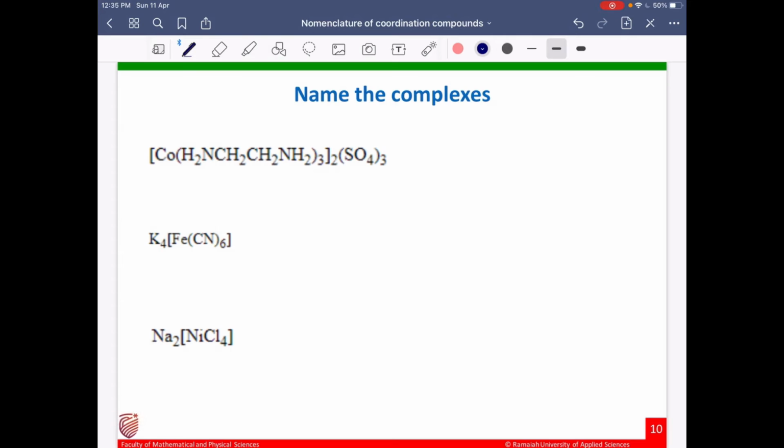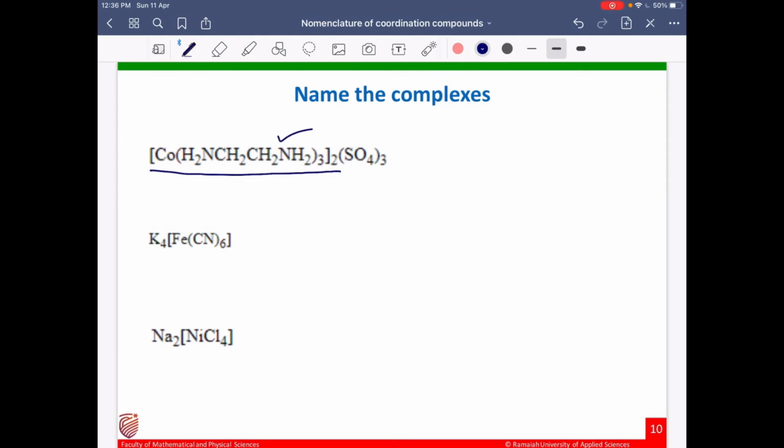The next example is cobalt, then ethylene diamine thrice, then 2 SO4 thrice. We'll start. First, whether the complex ion part is cationic or not? Yes, it is cationic. So if it is cationic, we have to name the cation first. In the cationic part, the ligand should come first.